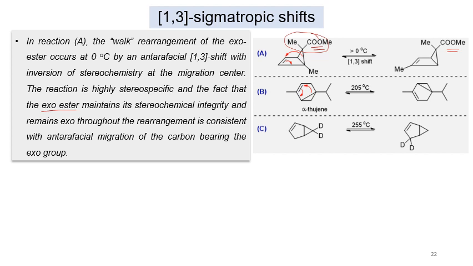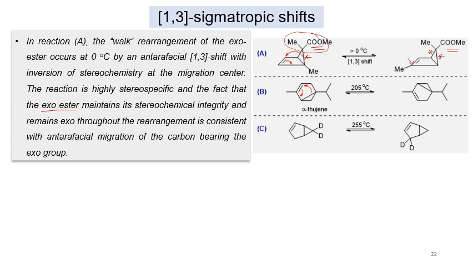Either of these, first you can get the migration of this particular bond, then later on you can get the migration of this particular bond. Similarly, you can get the migration of this particular bond to this particular terminus.